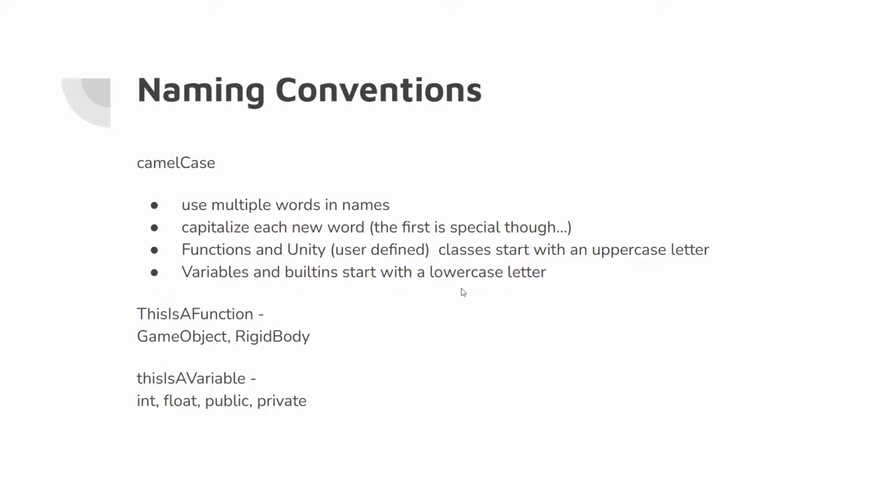Variables and built-ins you'll often see using lowercase. So for example, this is a function, GameObject, Rigidbody, and so on. This is a variable, int, float, public, private, right? So the keywords and data types that are part of C# are usually all lowercase. And whenever we define a variable, not a type of a variable, but a variable, we're going to have lowercase, right? So this way, when we read the code, we understand what's going on.